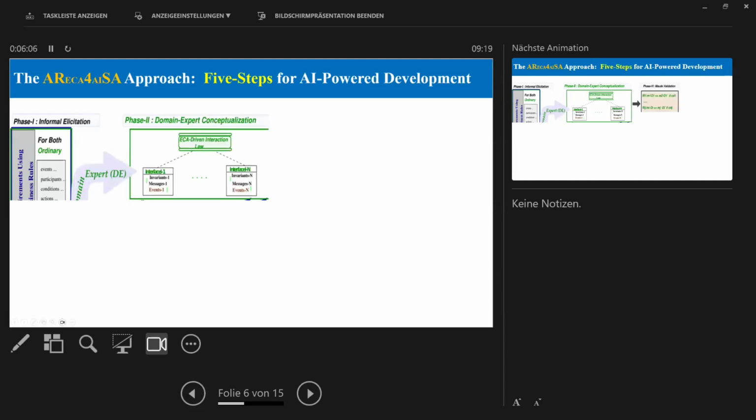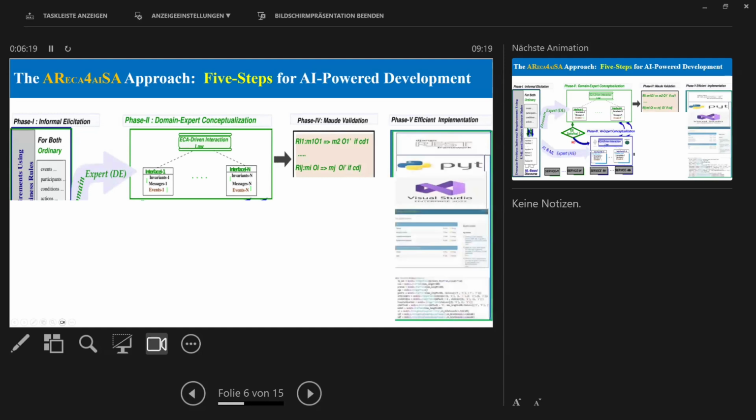We have informal requirements. We modelize or conceptualize them as software architecture, then we validate them with rewriting logic, and we do the efficient implementation with Python and Django, for instance, but we could have .NET, ASP, and so on.